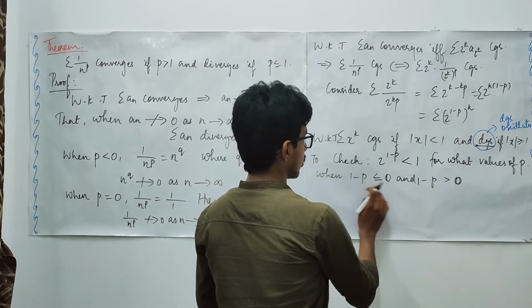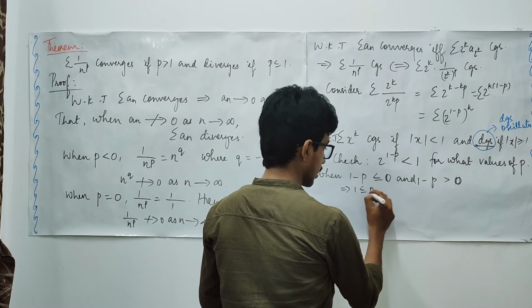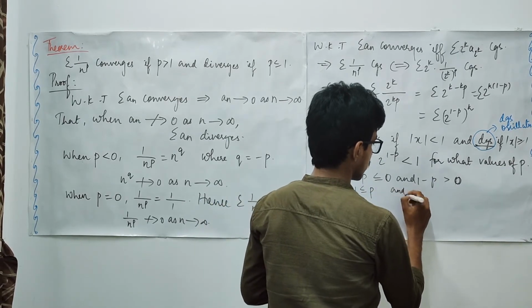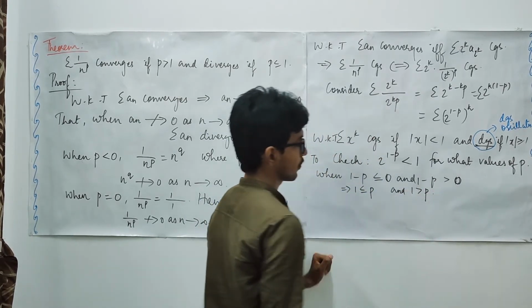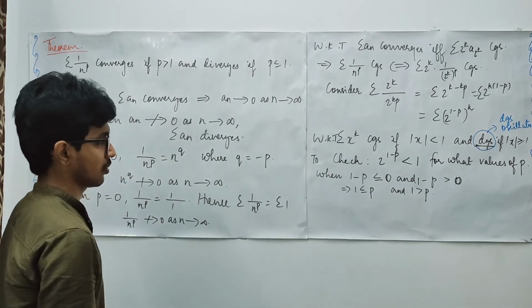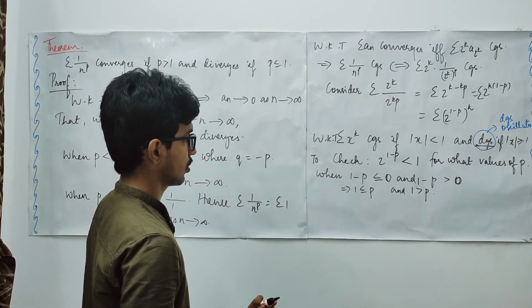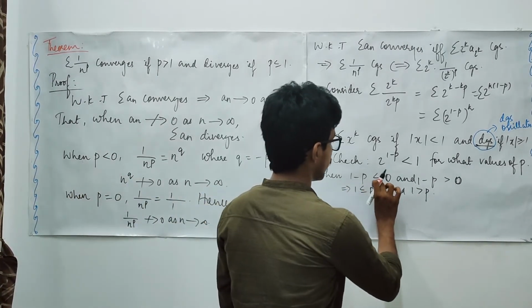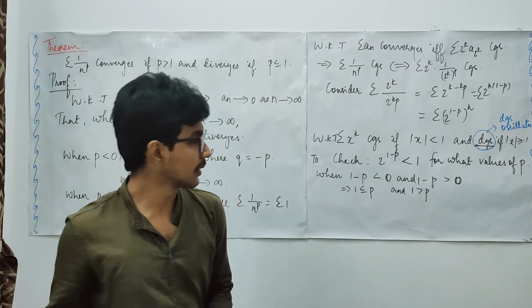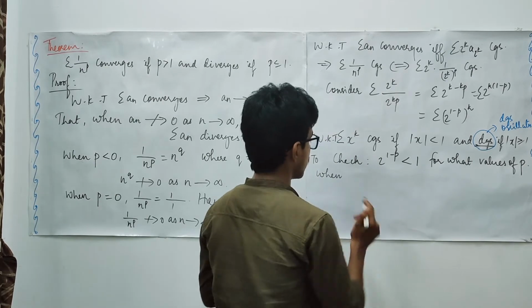So this is going to tell you 1 is smaller than or equal to p and 1 is bigger than p. Right? These two things we have to check. Instead of doing it this way, let us categorize this into three cases.